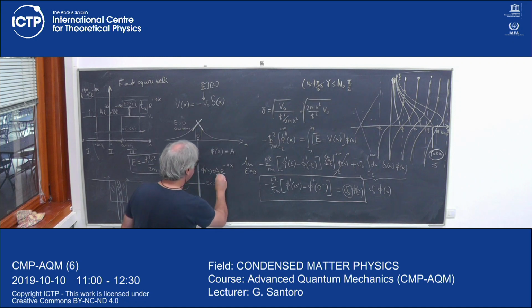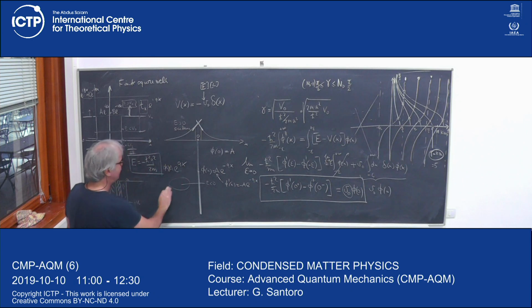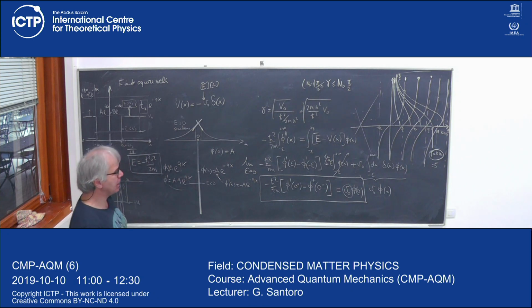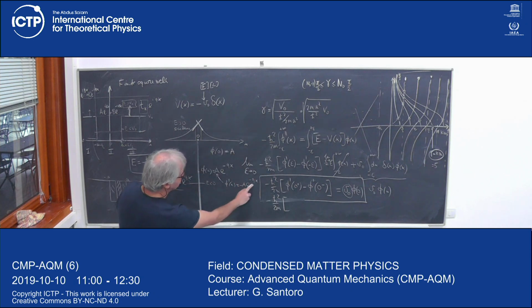So phi prime of x is equal to minus a e to the minus qx. Now what about the phi prime here? So phi prime is a q e to the qx. Good. So I have minus h bar squared over 2m times the derivative in 0 but plus. So I use this expression and I put 0 here.